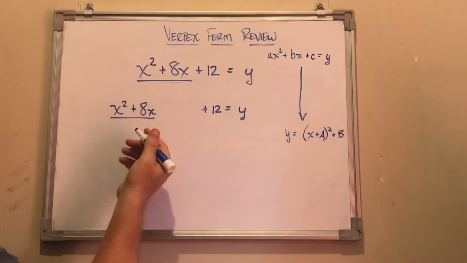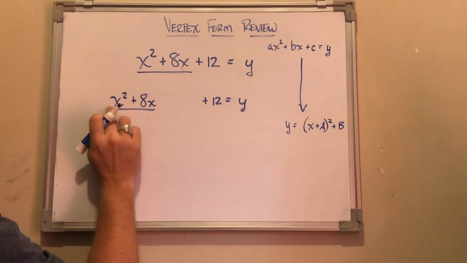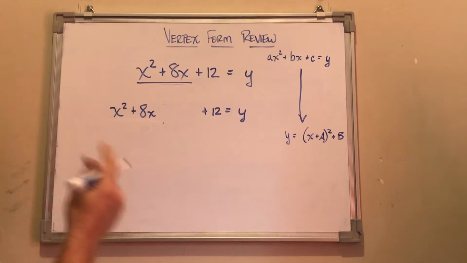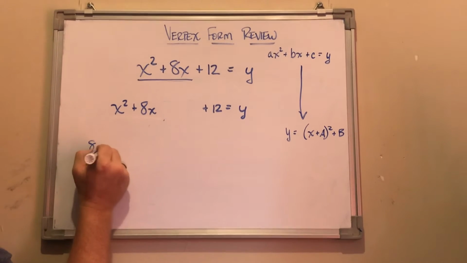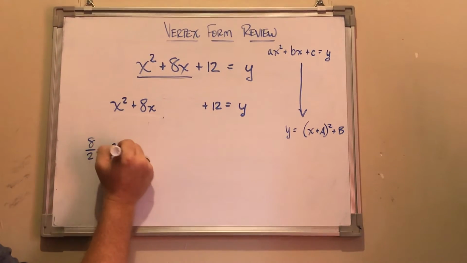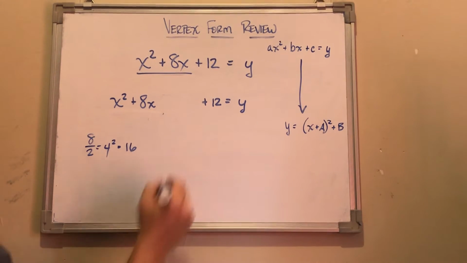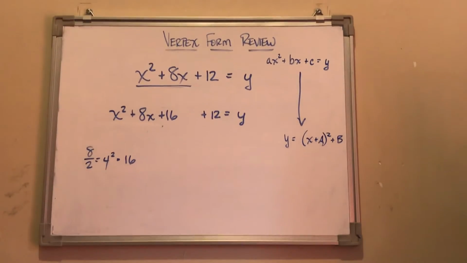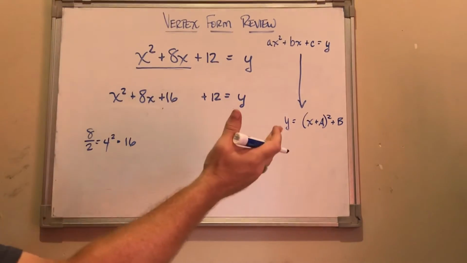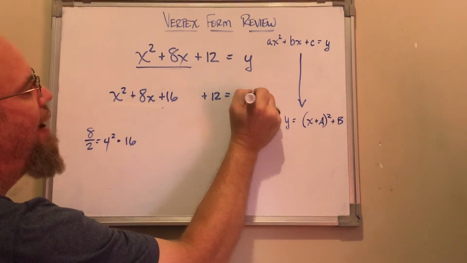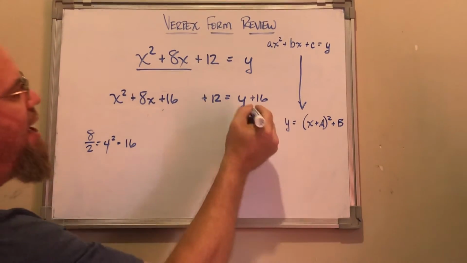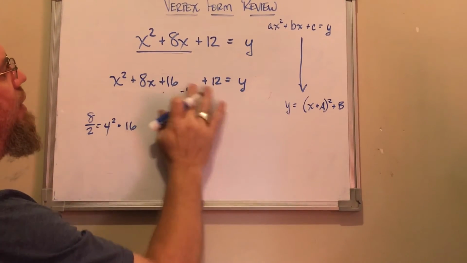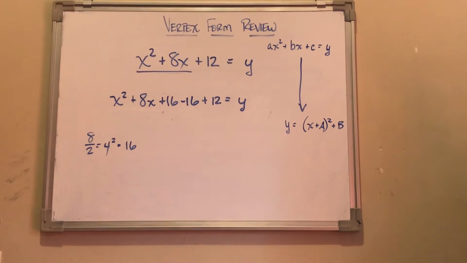In order to complete the square, we know from past videos that we divide the coefficient of x by 2. So 8 divided by 2 equals 4. And then we square it: positive 16. So we add 16 to it. Now remember, whatever we do to one side of the equation, we have to do to the other side. So I add 16, and then subtract 16 to make that 0, and all I would have is negative 16.